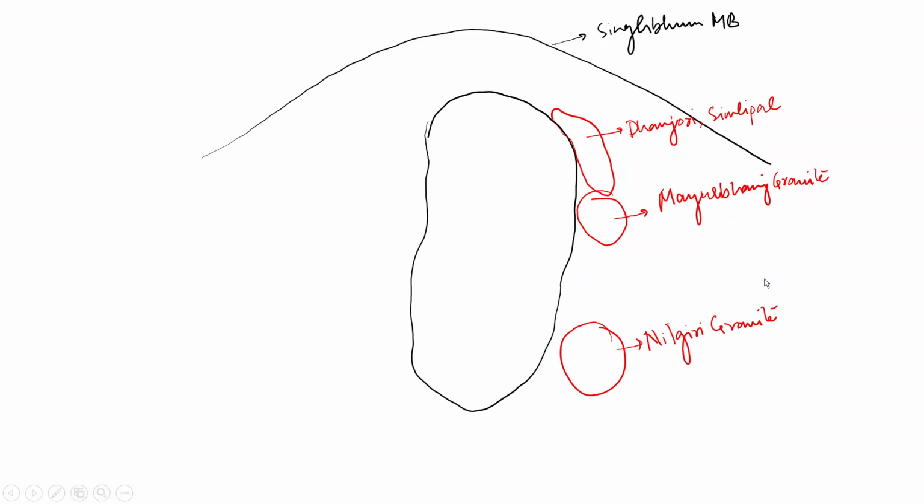Then within the Singhbhum granite, it covers the OMG and OMTG as I had mentioned in the previous slide. So the iron ore group is a very narrow body exposed at some places. Iron ore group is over here. Some parts of the iron ore group are scattered. So this and this, they both are the iron ore group. And this large body, as I had mentioned, is the Singhbhum granite.